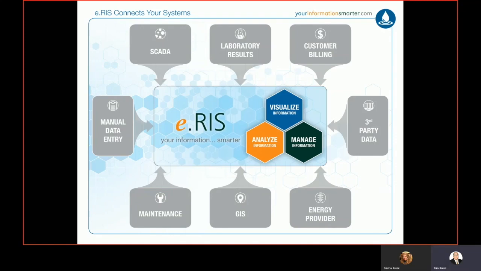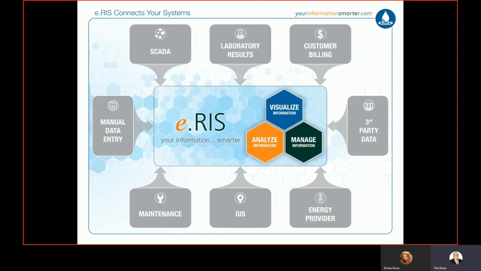This slide gives you sample data sets of where Eris is connected. We started out connecting to SCADA systems, but we've broadened Eris's reach to connect to just about any type of application or data storage within your organization.